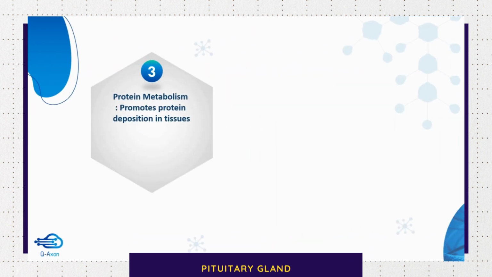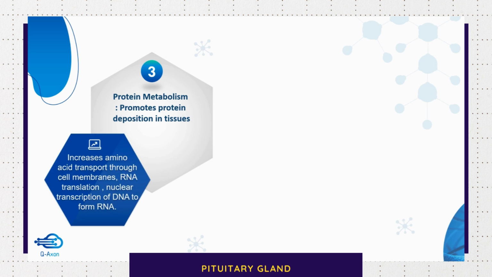Growth hormone is said to have a protein sparing effect on protein metabolism. It promotes protein deposition in tissues and increased protein synthesis. Protein synthesis is increased by increased amino acid transport through the cell membranes. So when there is more amino acid inside the cell, more proteins will be formed.